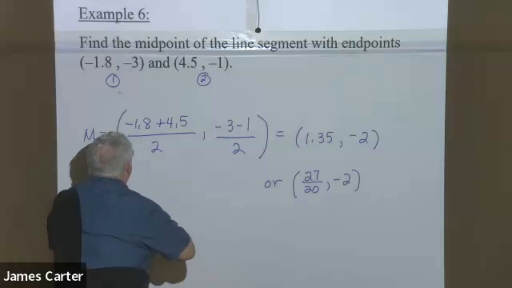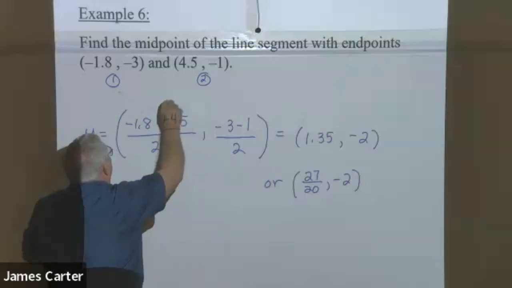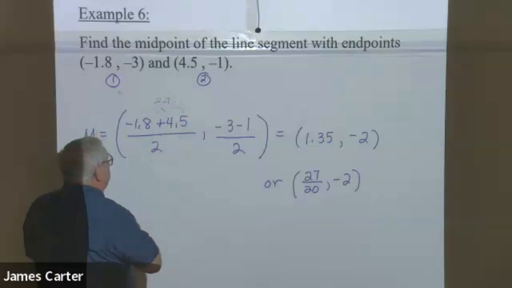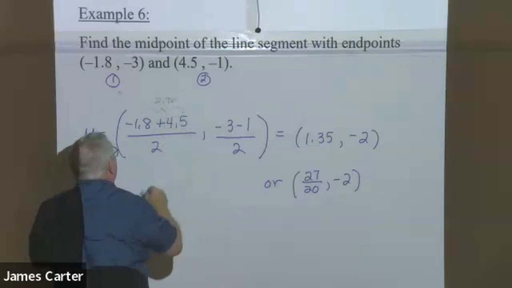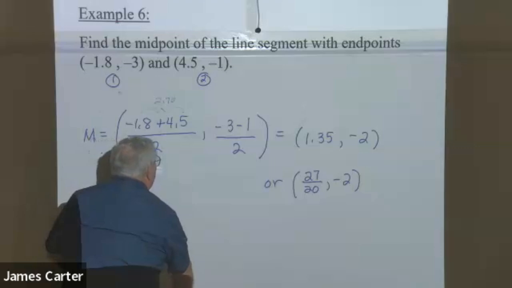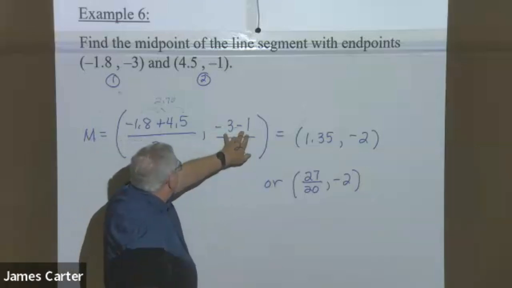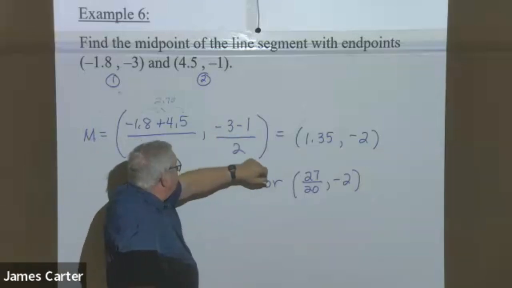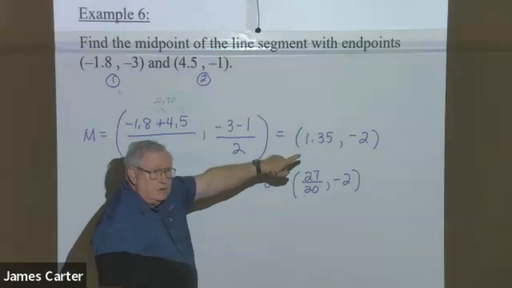So these two together, or 70 if you want a 0 behind it. Over here, you get 4 divided by 2, -2.